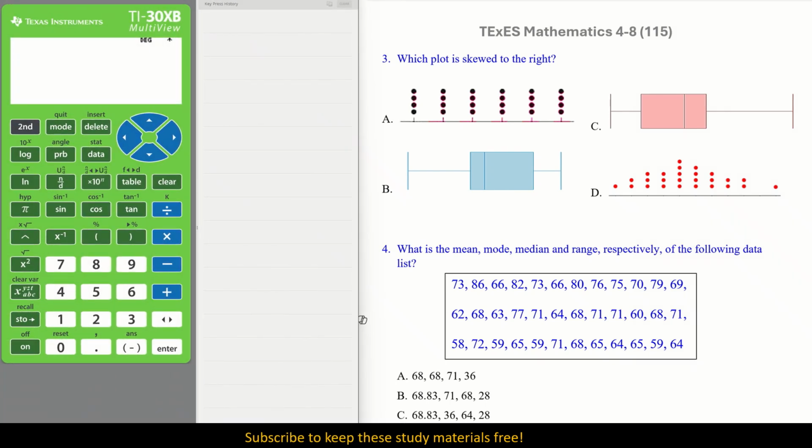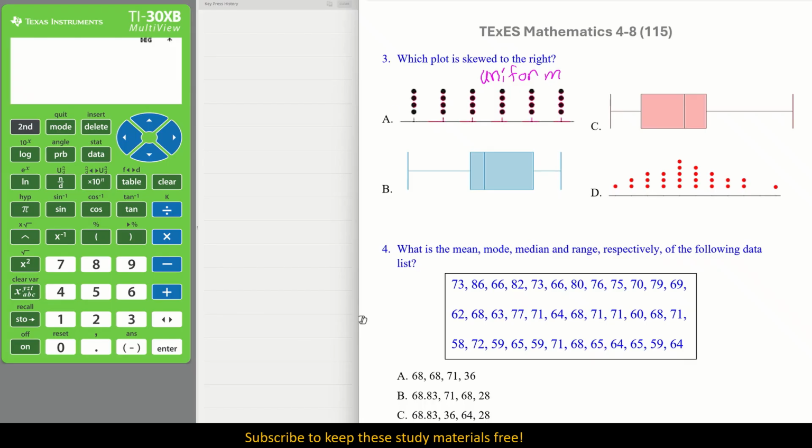Number 3, which plot is skewed to the right? Well, immediately I can see that we can eliminate A and D. Why can we do that? Well, A is what we called uniform. That's a uniform skew.